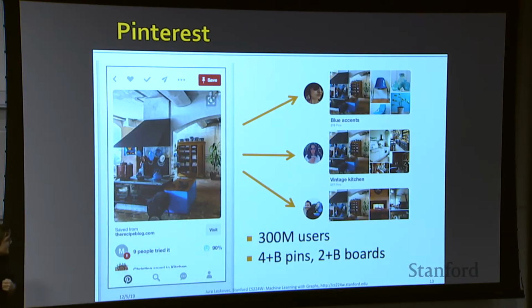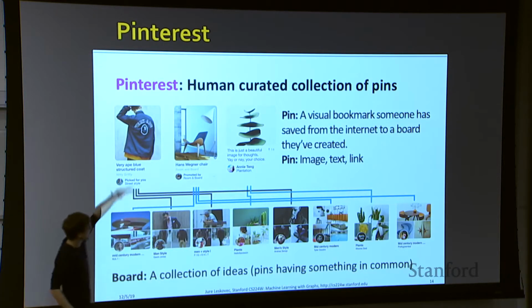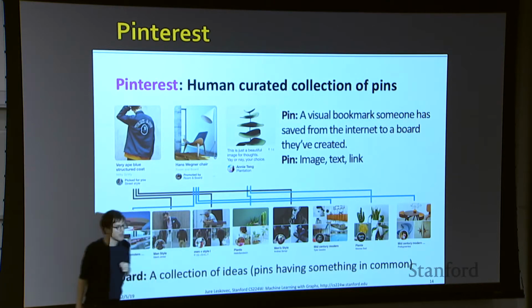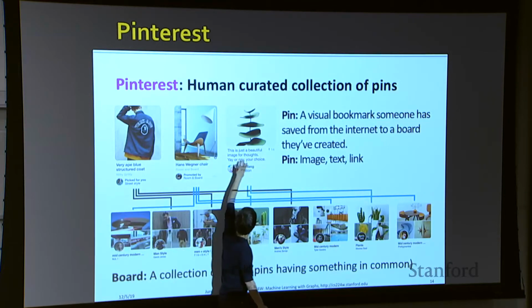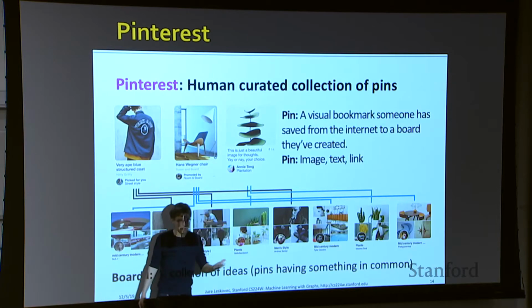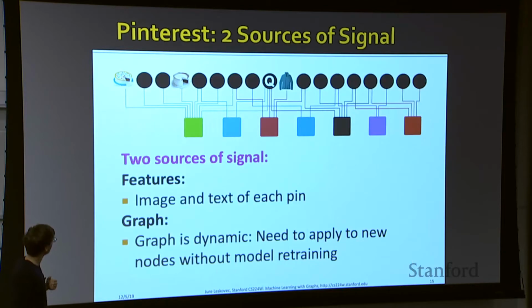Okay? That's the idea. So you can naturally interpret Pinterest as a bipartite graph of pins and the collections they belong to. Every pin has an image associated with it and text, and every board is simply a collection of pins. So now what we will do is the following.